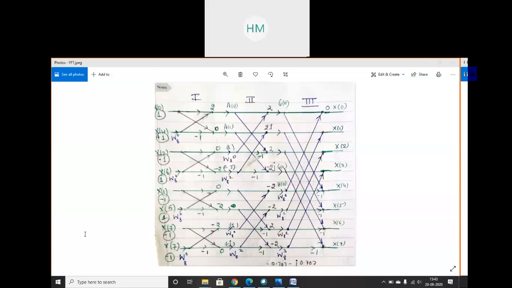So what is the value of G0? It is A of 0 plus B of 0 into W08 is my G0 value. Next, tell me the value of G3. Do it fast. Tell me the value of G3.